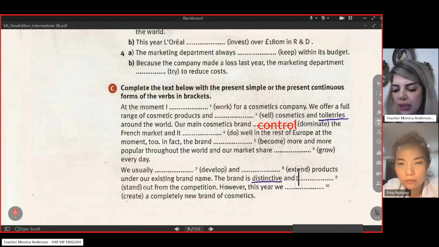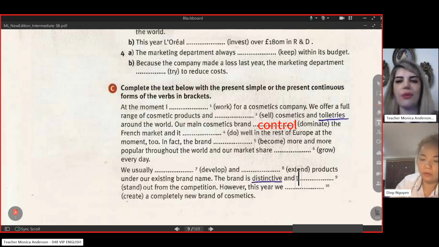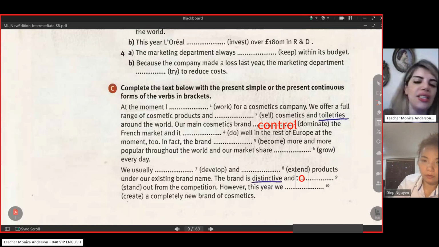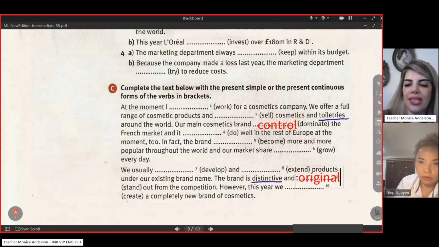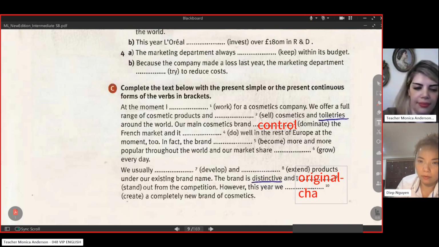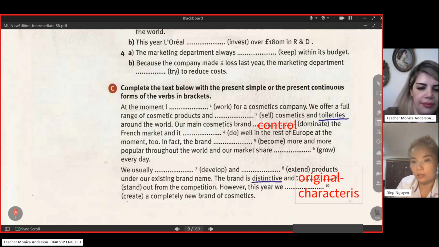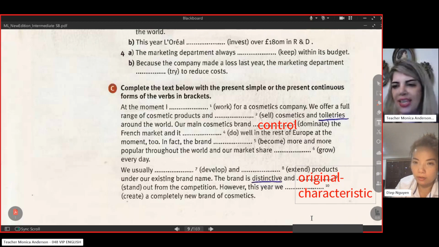Distinctive means original, characteristic. Let me write here: original, characteristic, and standing out.